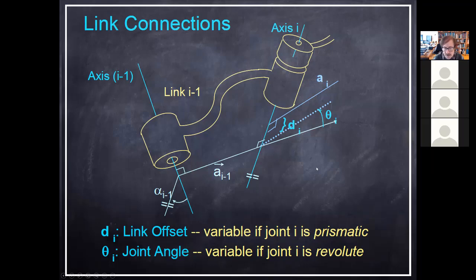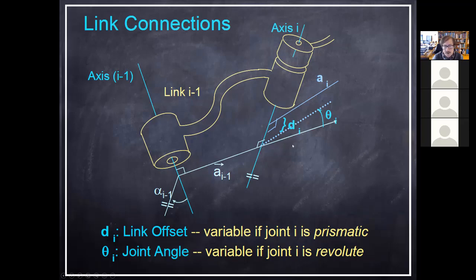And here you see there is another angle, which is theta. How much this a_i is twisted with respect to the previous a, which is a_{i-1}, is shown by this theta angle. So the first two parameters, a_{i-1} and alpha_{i-1}, were describing the link.